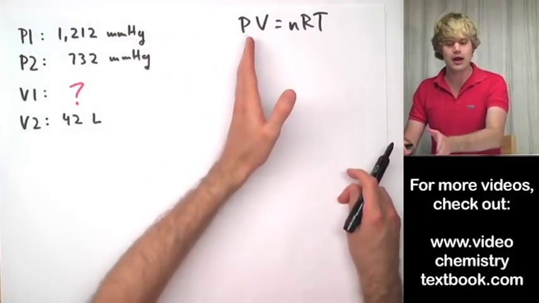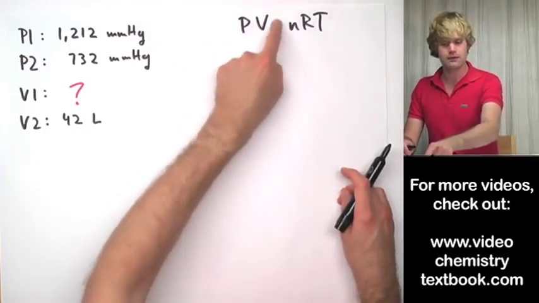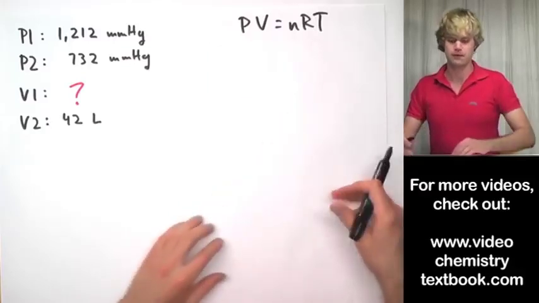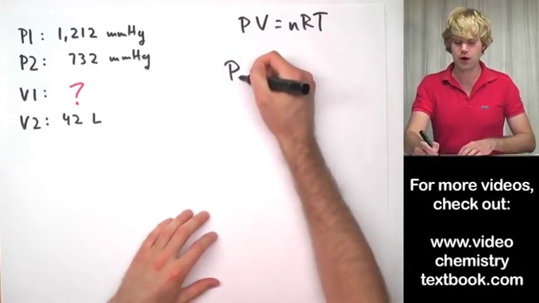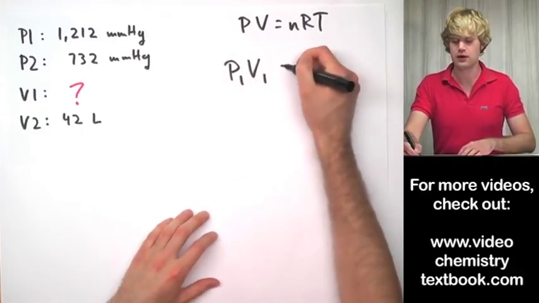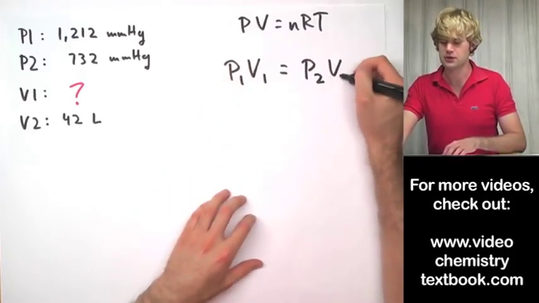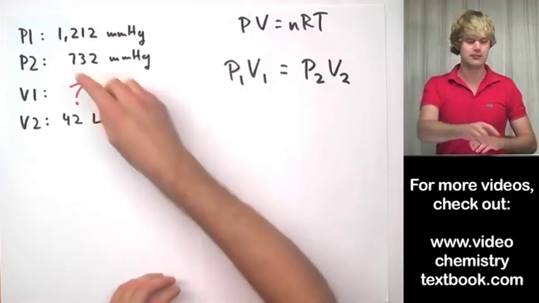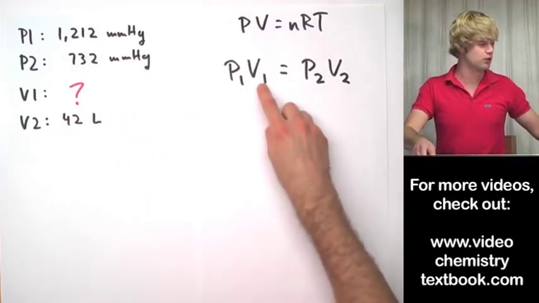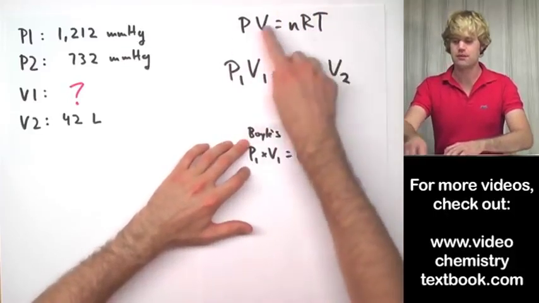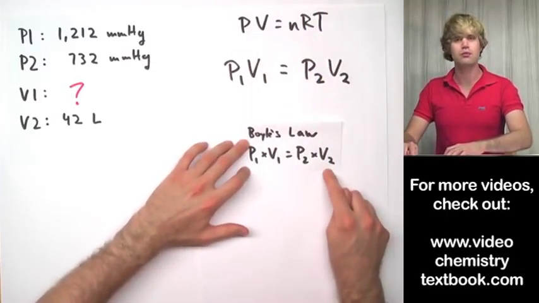So what we do now is we double this PV on both sides of the equation, doing before and after. So P1 times V1 equals, double it on the other side, P2 times V2. And now I can plug in my variables and solve for V1. And check it out. What I did was I used PV equals nRT to come up with Boyle's law.